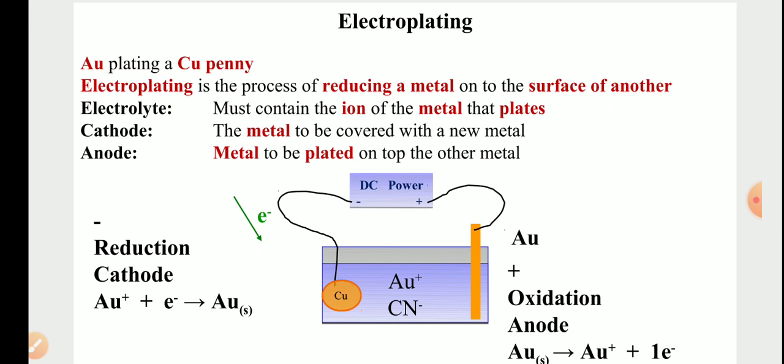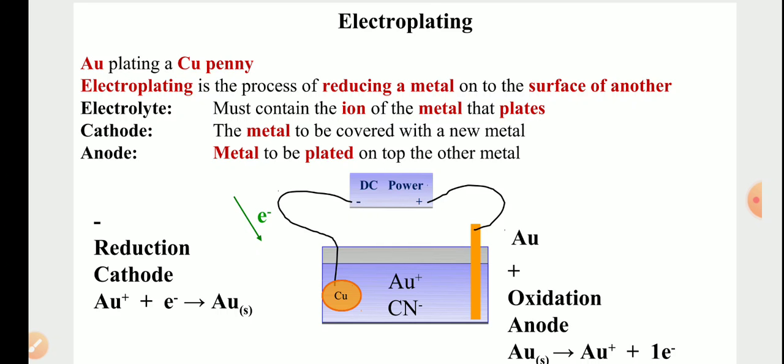So first, if you make a layer of gold on the copper surface, then you will be able to protect it from the weather. And another important thing is that the material will look good. So yes, it is very important.